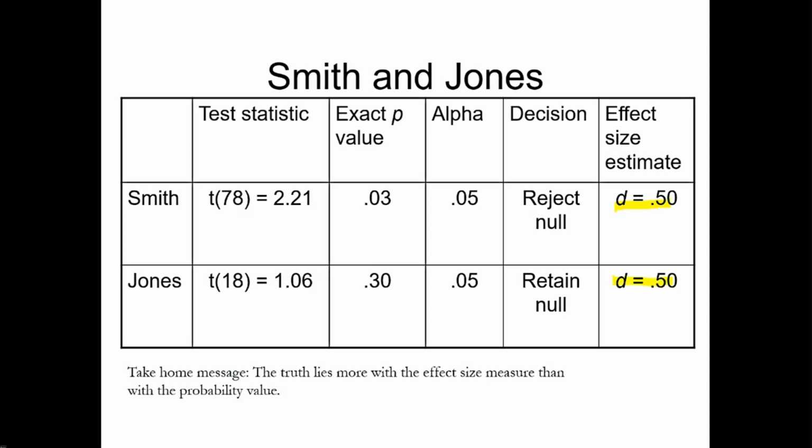The effect size is the same. It's the sample size that is the difference between the two studies. So we'll get into more detail of that as we go through things, but I wanted to give you a little bit of the logic behind our inferential test, and what we're looking for is area under the curve being really, really small, so we reject that null hypothesis.